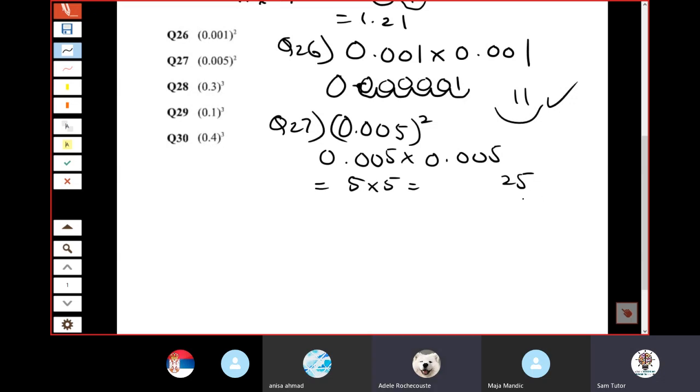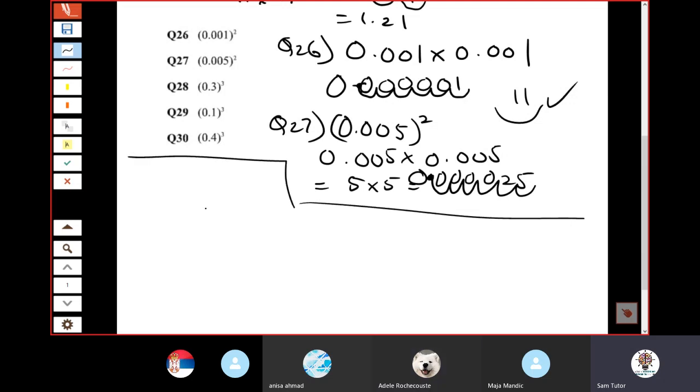If math has techniques, you've got to follow the technique. 6 places. 1, 2, 3, 4, 5, 6. There you go. 0.000025. You can't rush, otherwise it's just wrong. What's the point of learning 5 times 5 like this and then getting your answer wrong just because you're rushing towards the end? So take your time.